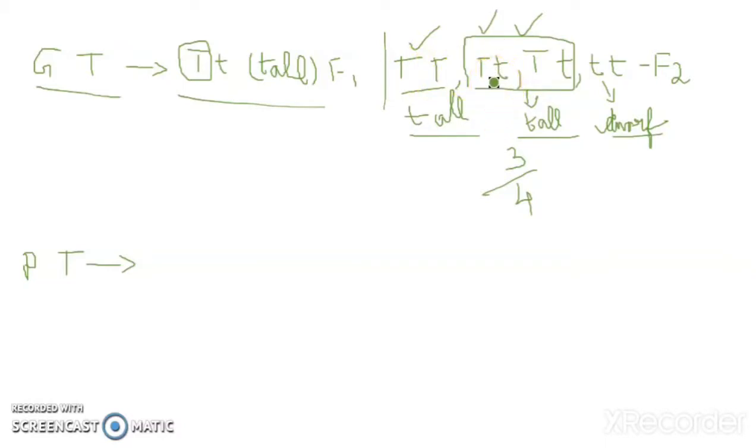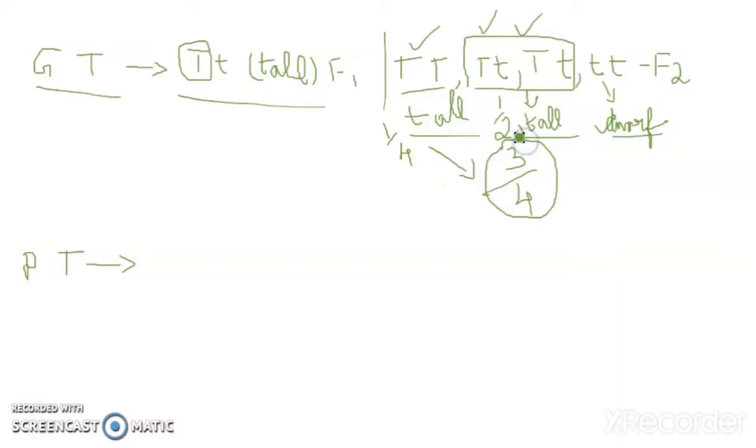Understood? So, how is the 3/4 of the plants tall? They are tall by appearance, but their genotype will be capital T small t, and 1/4 of them will be capital T. So it is 1/4 here, and it is 1/2 here. So in total it becomes 3/4. This leads to a phenotype ratio of 3/4 tall, which includes 1/4 and 1/2.